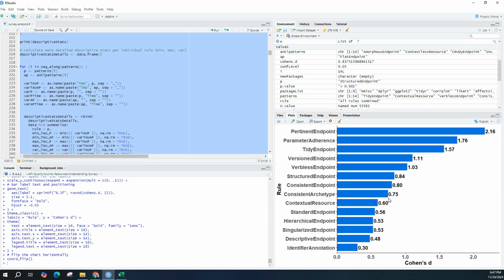In most of the cases it's greater than 0.2, and for non-pertinent endpoint it's 2.16, so it's a huge impact. So these design rules have a huge impact on the understandability of APIs as per Cohen's d.